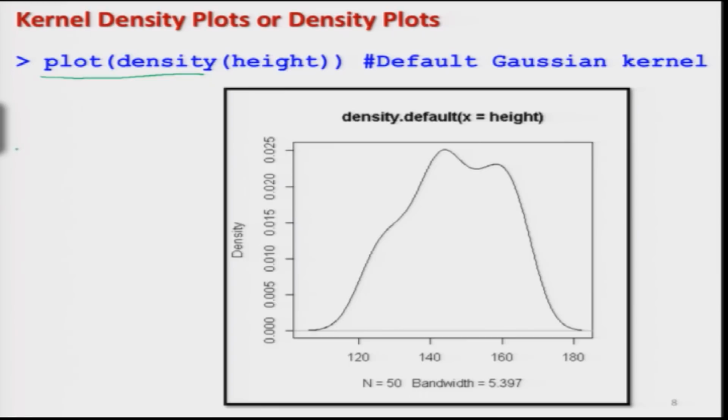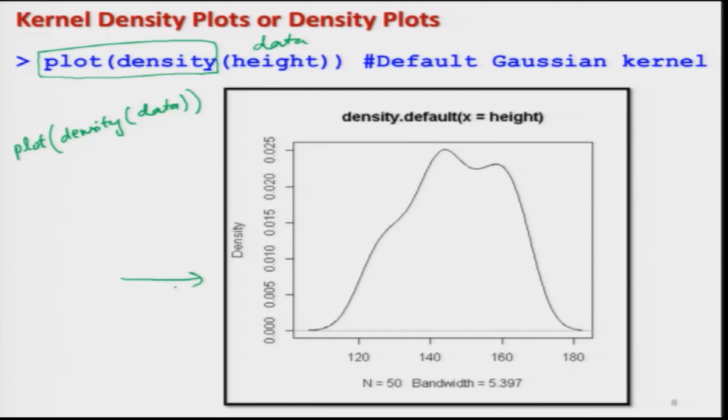So, I write plot, inside the argument density, and then once again inside the argument you have to give the data. Here the data is given by the variable height, and if you execute it, you will get this type of graph.